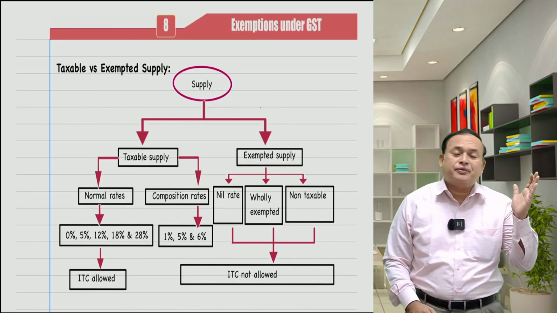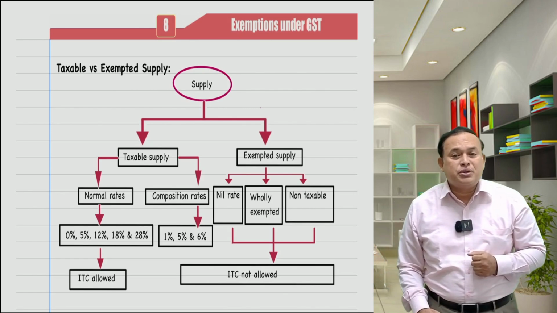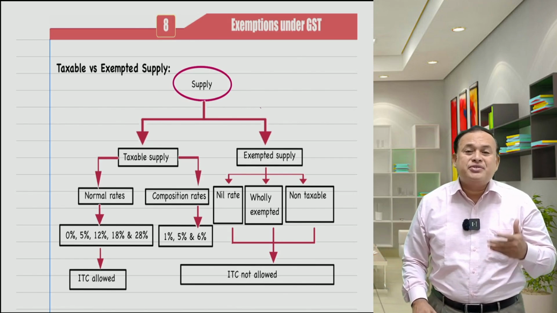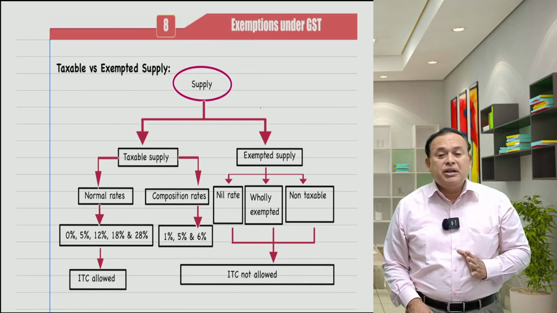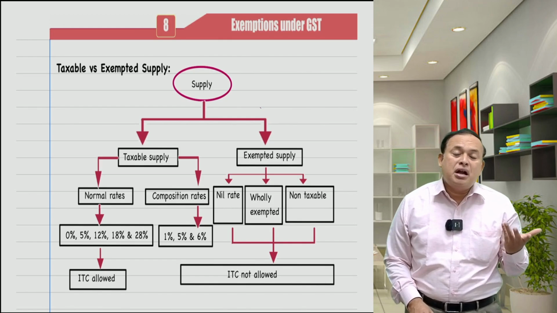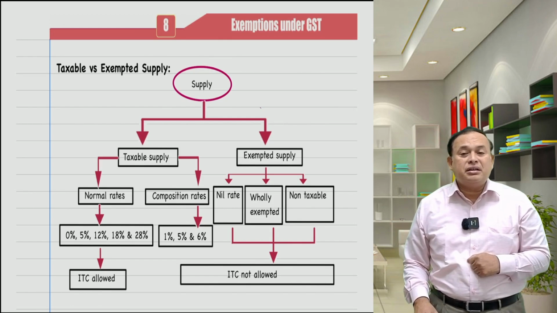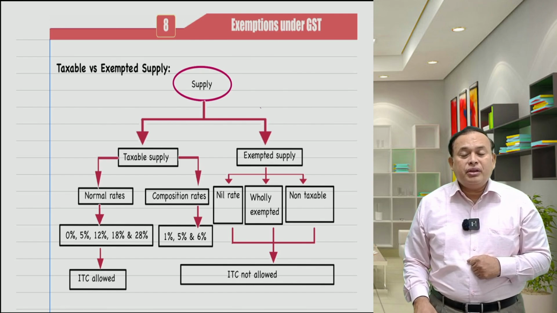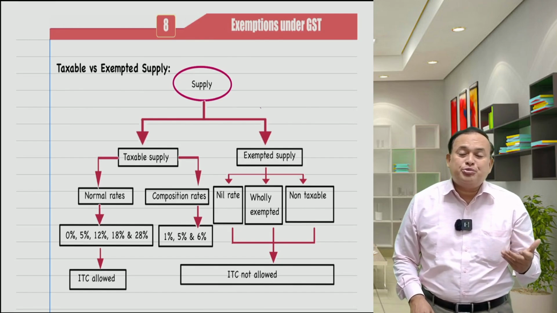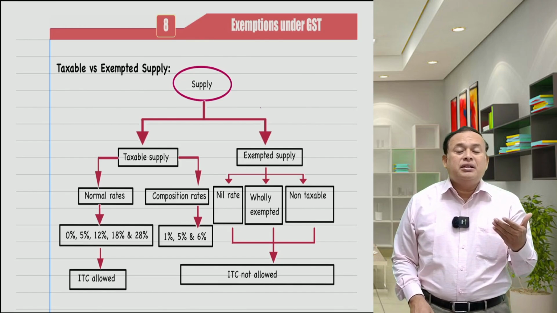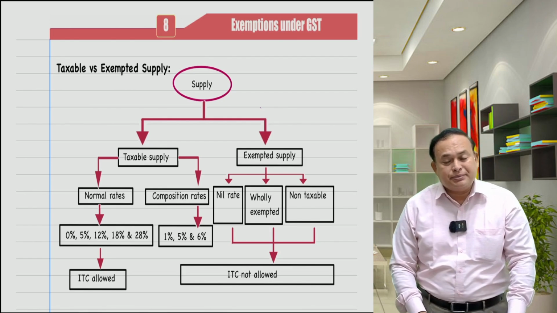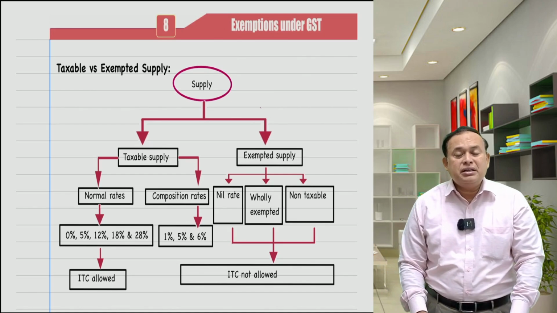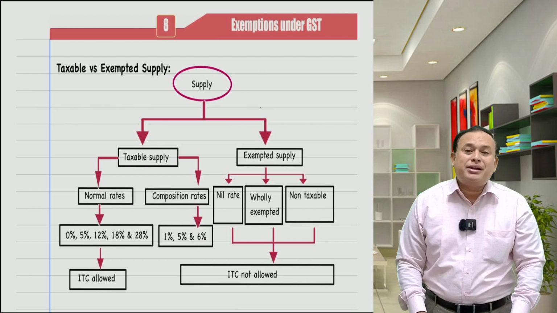Whereas in the case of exempted supply of goods or services, the person who deals with the exempted supply applies nil rate of GST. That gentleman is not eligible to claim input tax credit. At the same time, such a taxpayer is outside the what we can call VAT chain, value added tax, he is not eligible to avail input tax credit.